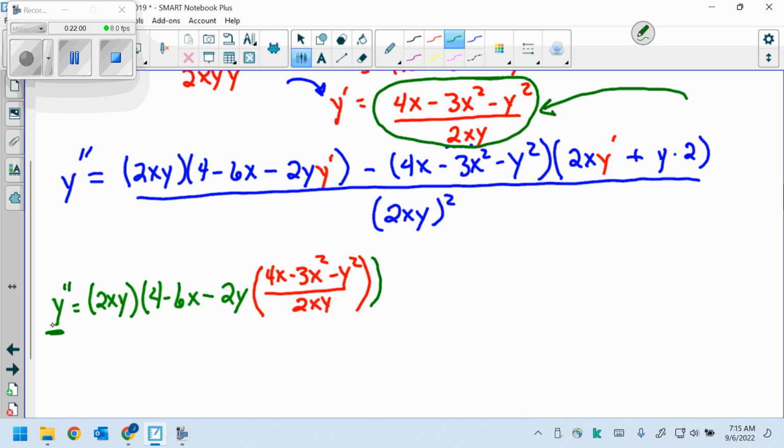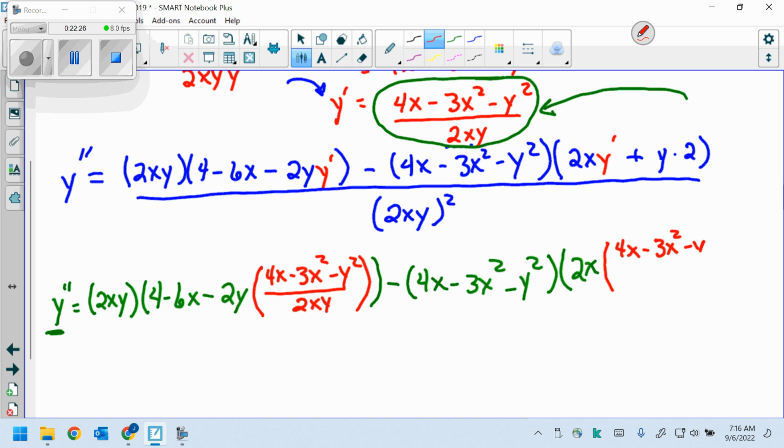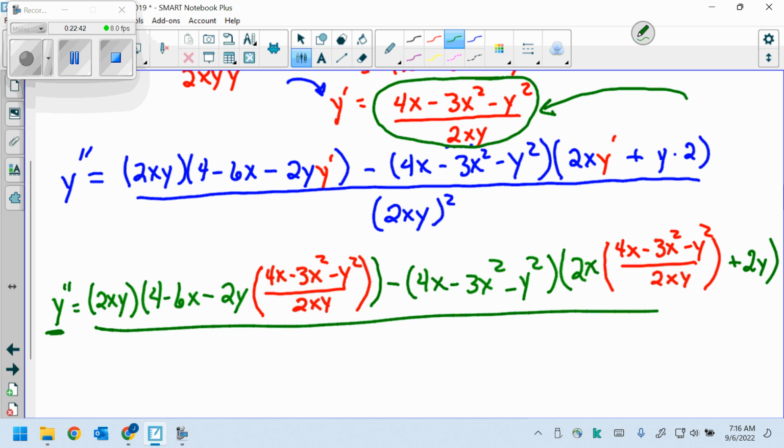Okay, now we're going to subtract this 4x minus 3x squared minus y squared times 2x, but instead of y primed, I'm going to write 4x minus 3x squared minus y squared over 2xy plus 2y, all divided by 2xy being squared.